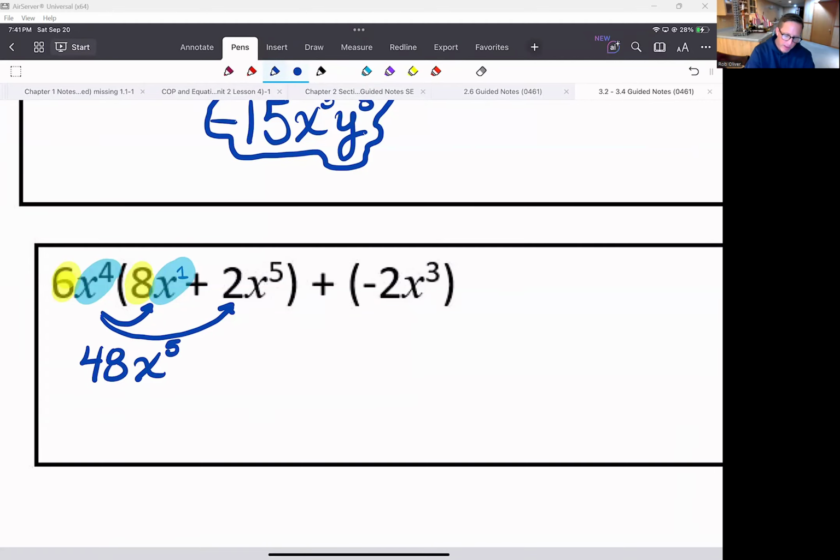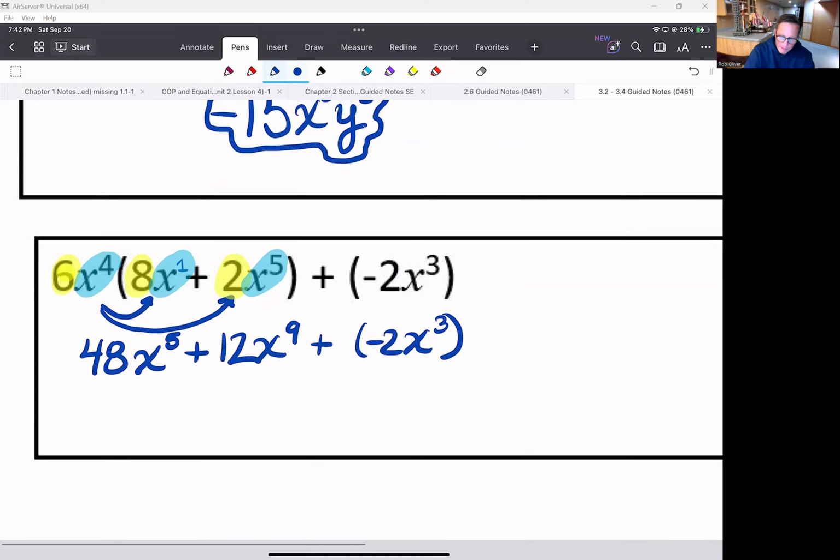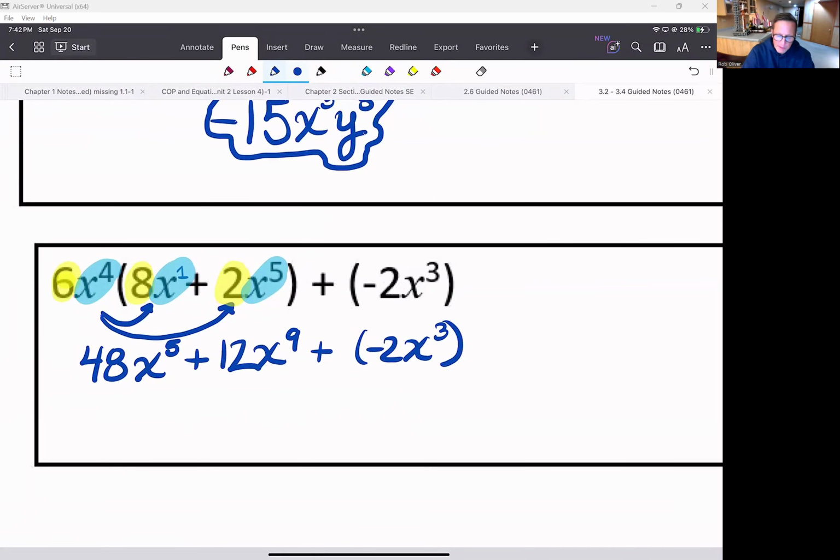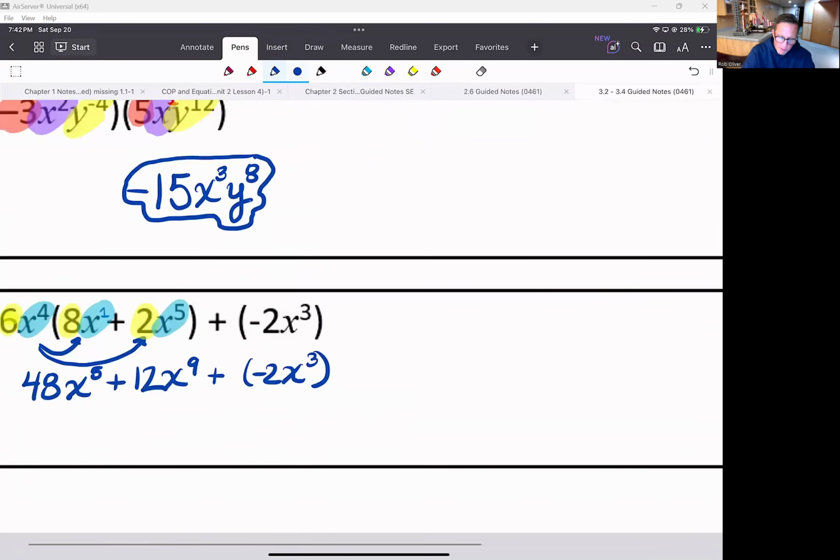And then, sorry, 6 times 2 is 12. So you got plus 12 and multiply the like bases. So x to the fourth, x to the fifth, that makes x to the ninth. Add those powers up. X to the ninth, and then I'm going to write plus negative 2x cubed. And at this point, you really cannot do any more to it.